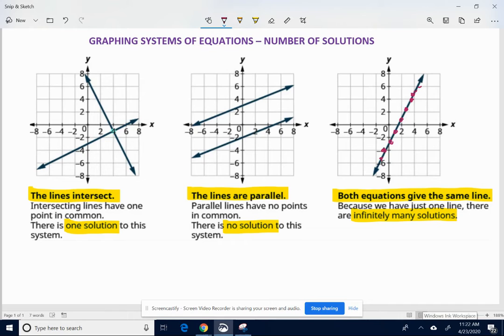Again, that third situation is the only thing new. If the two lines intersect, there's one solution. If the two lines never intersect because they're parallel, there's no solution. And if the two lines actually give you the same line, there's infinitely many solutions.